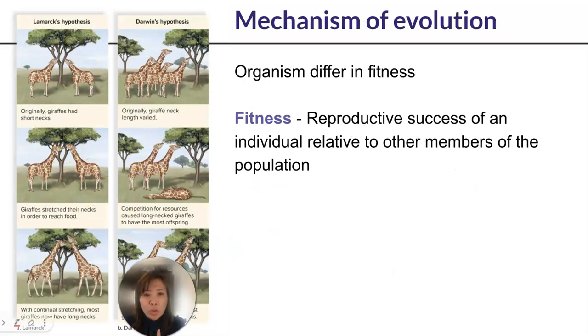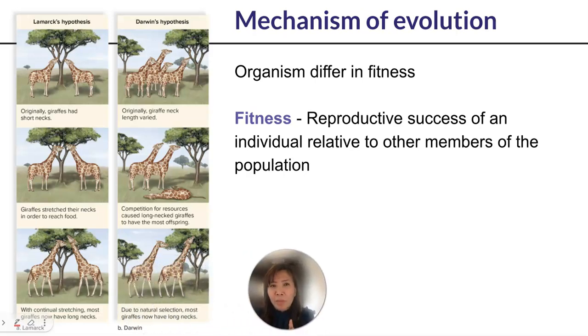Okay, so coming back to this whole idea of Lamarck versus Darwin and trying to understand the mechanism of evolution, what is the difference between the two? If you recall, in our last lecture we talked about the hypothesis Lamarck had, which is that these giraffes originally had very short necks, and they stretched their necks because they were anticipating that they needed longer necks.